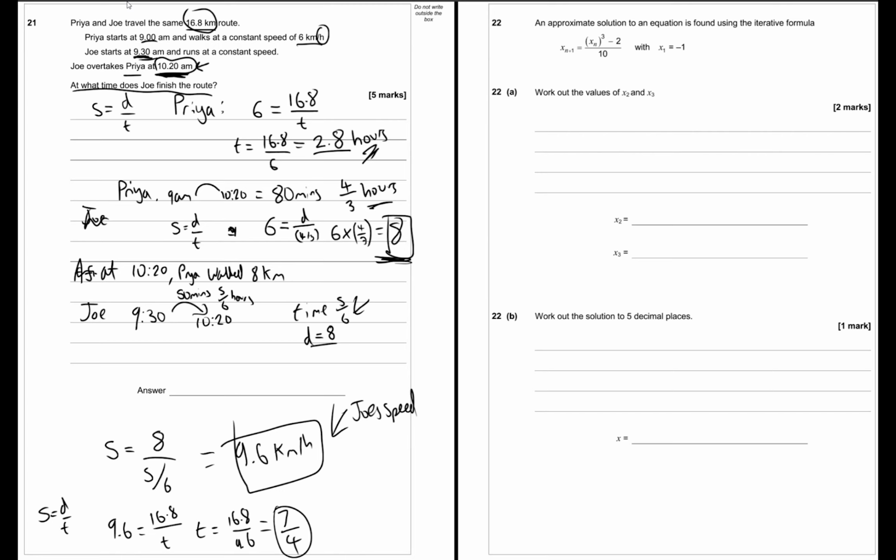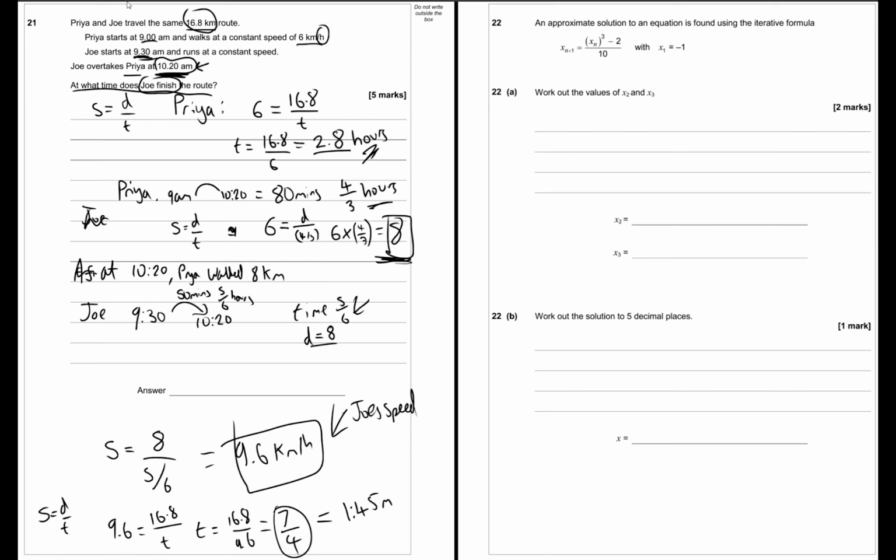The time to run the whole course, which is 16.8 kilometers. Let's convert this into hours and minutes. So this is 7 over 4 hours, which is the same as 1 hour and 45 minutes. Okay, but what time does he finish the route?